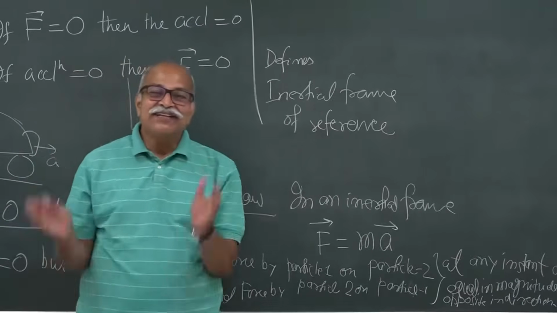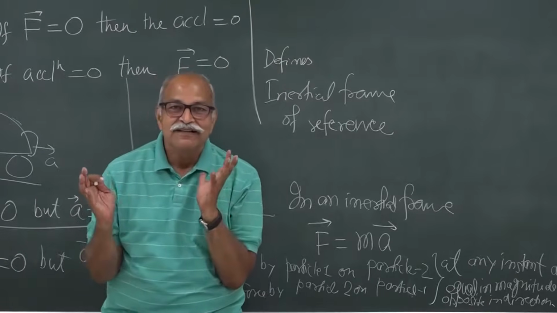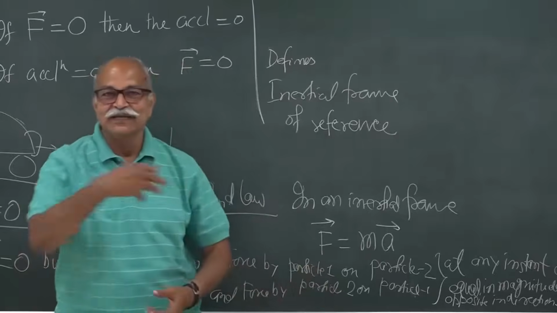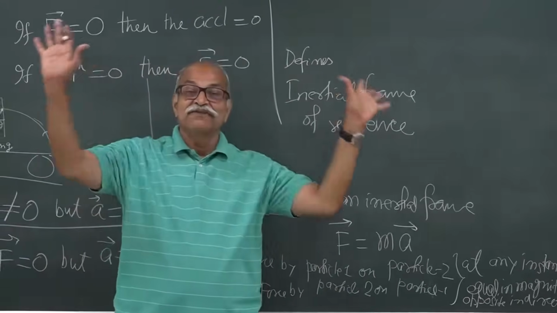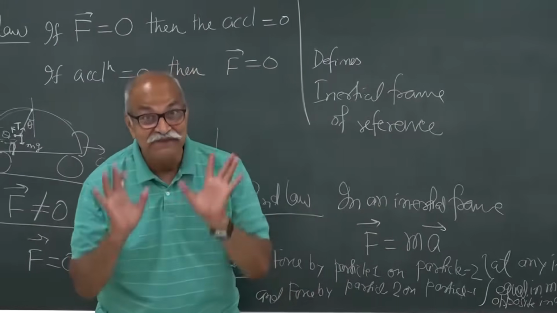But that short, crisp, very simple, beautiful statement of Newton's third law, every action has an equal and opposite reaction, has caused a lot of confusion in the interpretation of Newton's third law, lot of confusions.